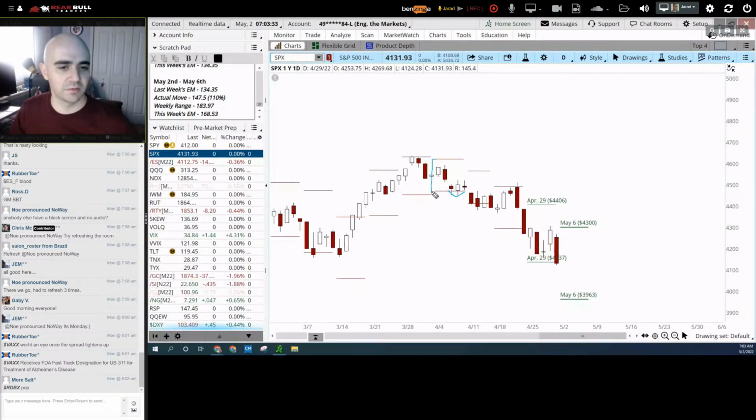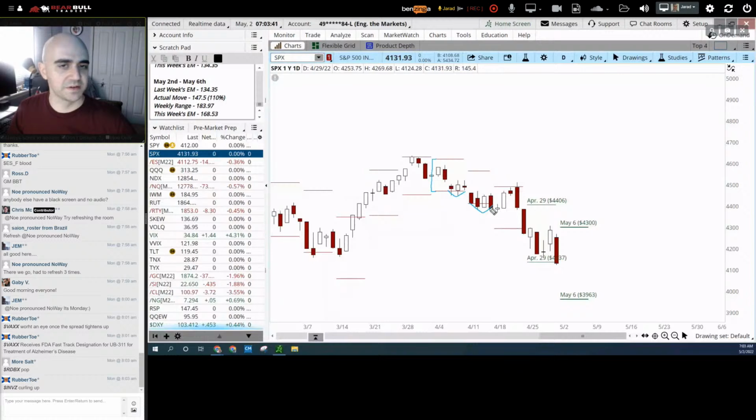You'll notice that this overall range here is about half the size of what we're currently experiencing. You'll note that this was another test, and this actually led to a close outside of expected move. Another widening of expected move, and that was a full week transition from high to low, and that occurred over the course of 2 days.